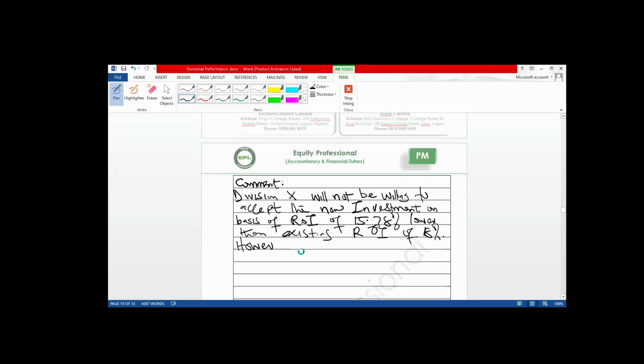However, if residual income is used, the new investments will generate additional earnings of 0.69 million.